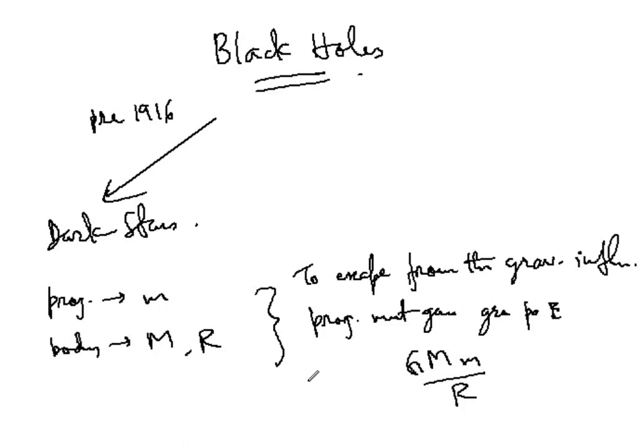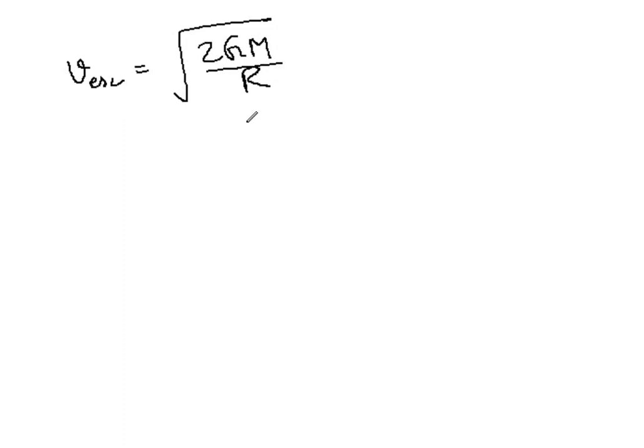So we write half m v_escape squared equal to GMm by R. From this expression we get the escape velocity equal to root over 2GM by R. Now you see that this escape velocity will be greater than the speed of light c if the radius and mass of the body are related in a certain way.